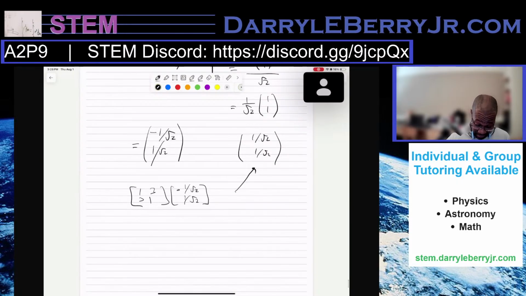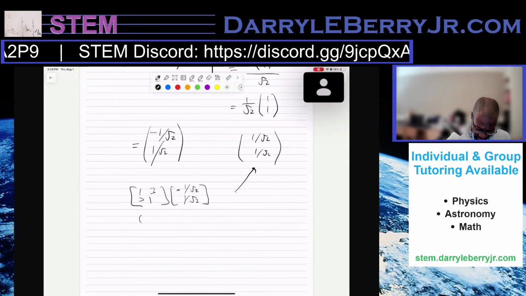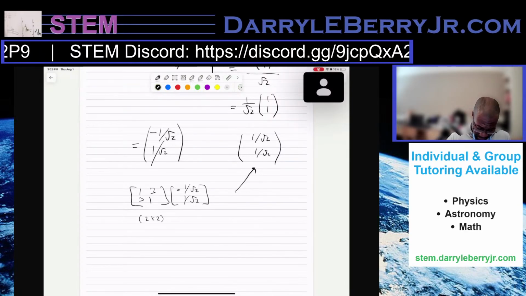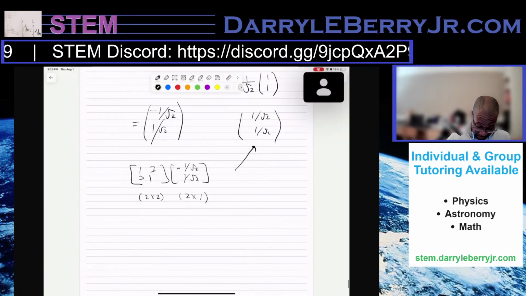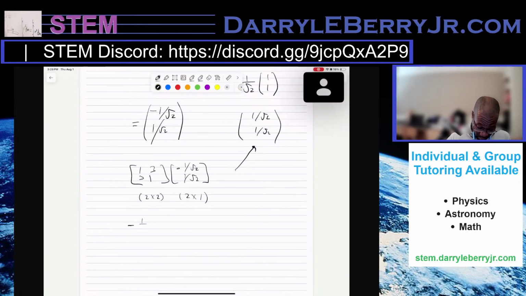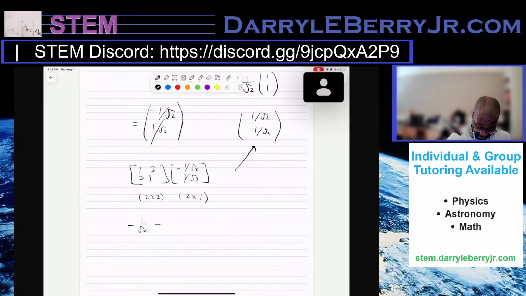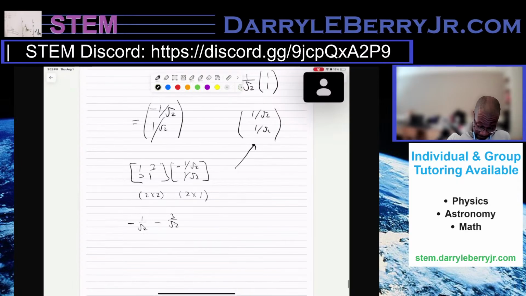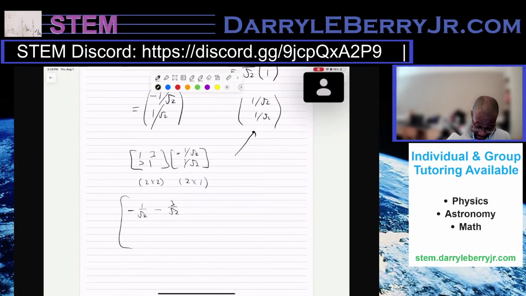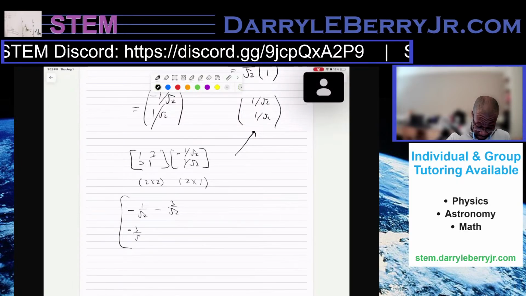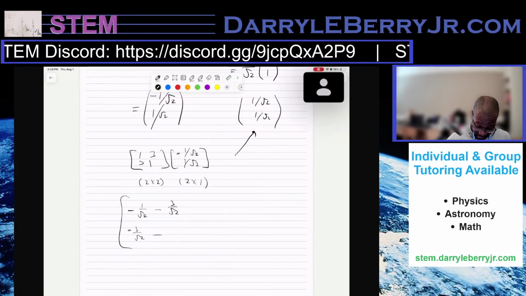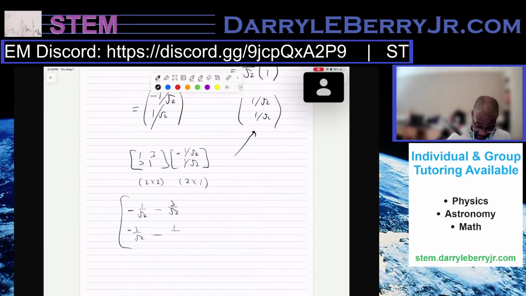But this looks like it. Notice this will actually still end up with a matrix, 2 by 2. Oh, it will give us a vector. It'll give us a 2 by 1. So this will be -1 over square root of 2 minus 3 over square root of 2. And this will be -3 over square root of 2 minus 1 over square root of 2.